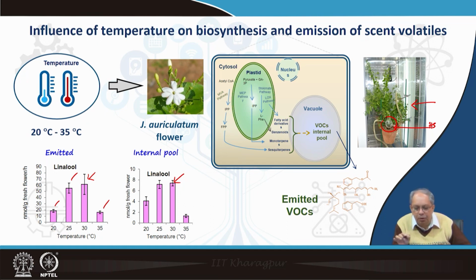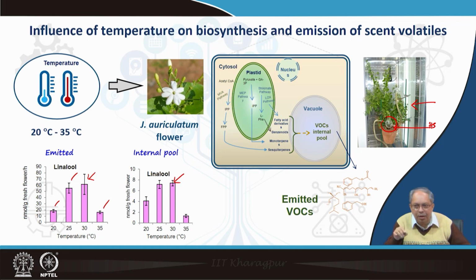From this knowledge, the practical application is that growing the plant in a growth chamber for commercial purposes is not feasible, but such a study throws light on how you can grow juhi or Jasminum auriculatum. You can use a shade net or a plastic house, and maintain the temperature at 30 degrees by using a fan and cooling pad, and then grow the plants there.